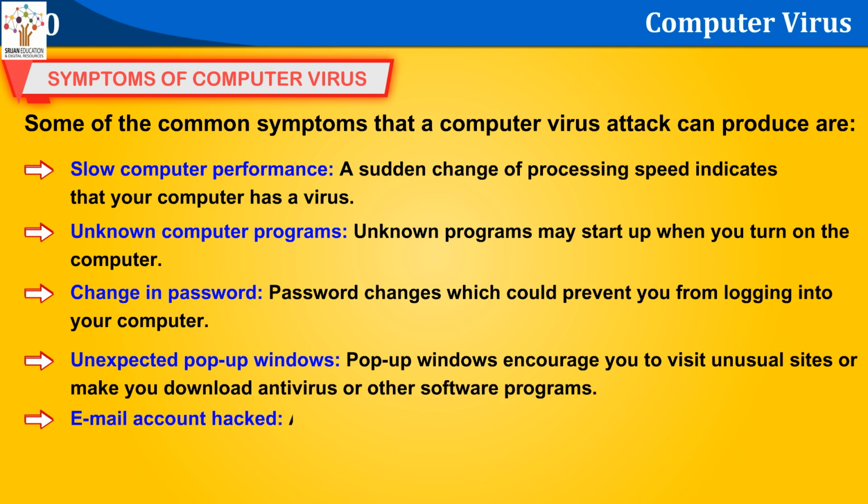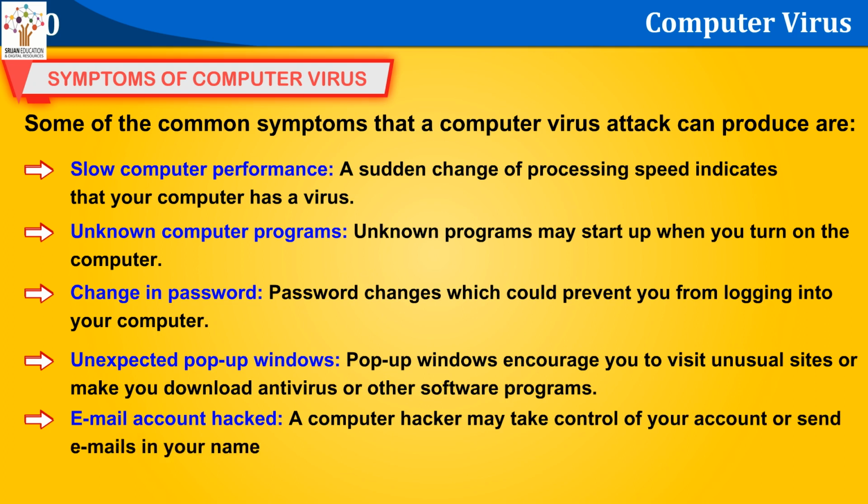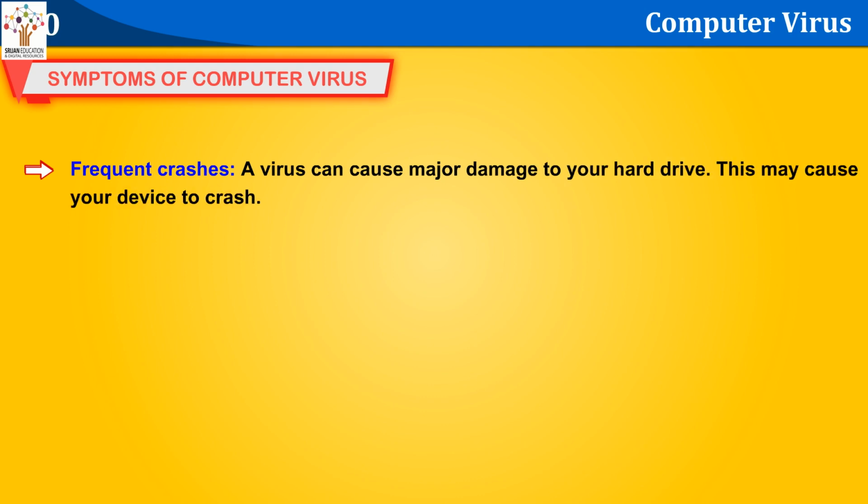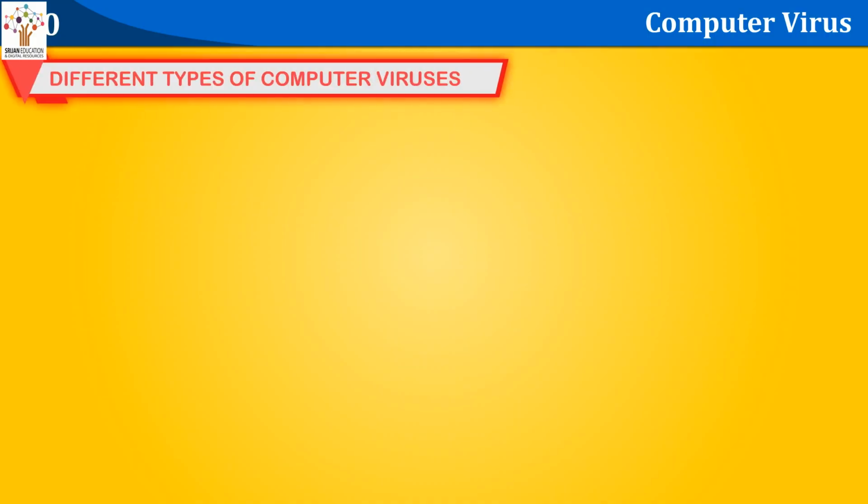Email account hacked. A computer hacker may take control of your account or send emails in your name from another infected computer. Frequent crashes. A virus can cause major damage to your hard drive. This may cause your device to crash. Different types of computer viruses.